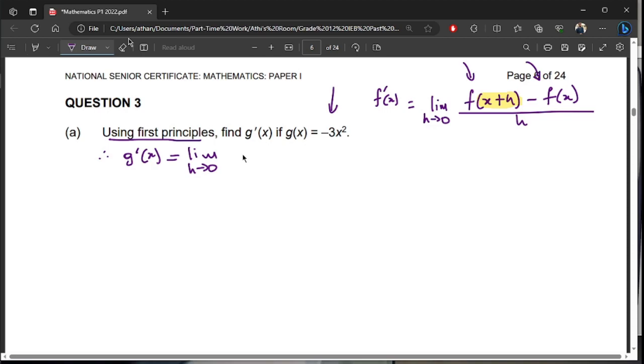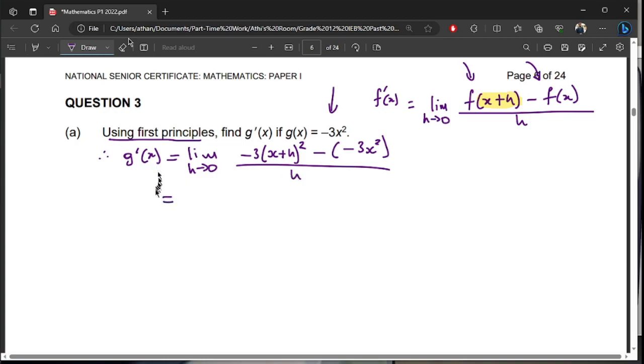Now to substitute here, we have got negative 3x squared. I'm going to write x plus h, all of that must be squared, minus the function itself, and our function was g of x. That means it's negative 3x squared, all divided by the value of h.